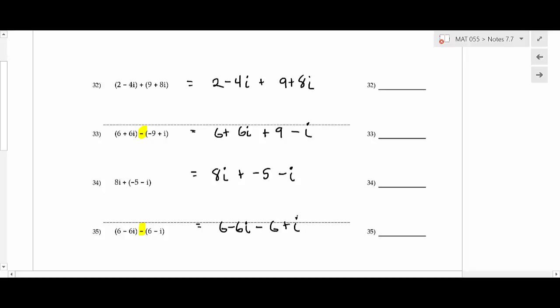Well, the first thing is you want to make sure that the only two that you got to change signs on are 33 and 35. So when I'm doing 33, notice I did change that to 9 minus i. Okay, and then the next one you have minus 6 minus i, so it's minus 6 plus i. That's it. Now the rest of it is how good can you do your arithmetic.